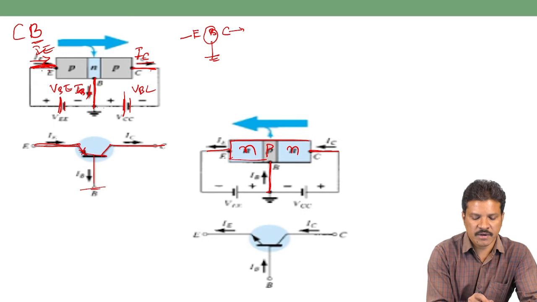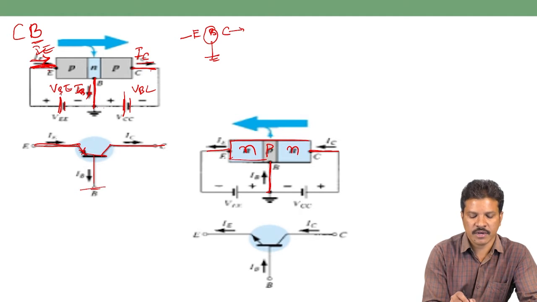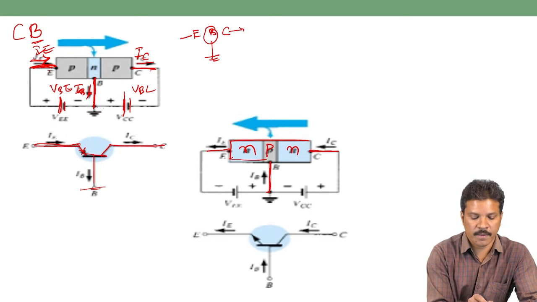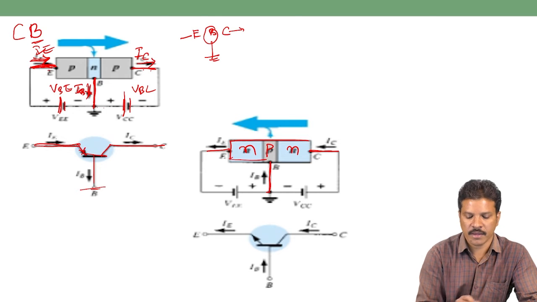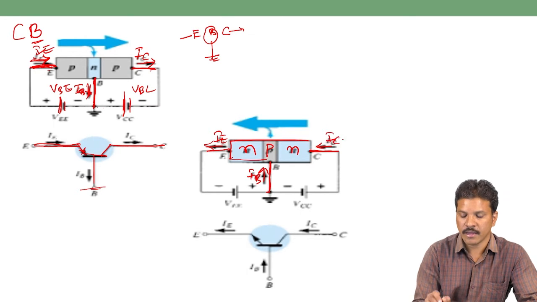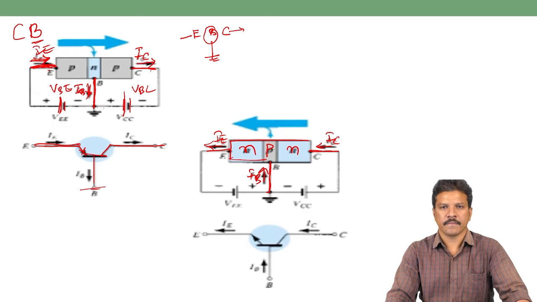In the previous lecture, we saw the notation for the current direction according to Kirchhoff's current law. Here the emitter current is entering, so the base and collector currents are leaving. In an NPN transistor, the emitter current is leaving, meaning the remaining base and collector currents are entering.